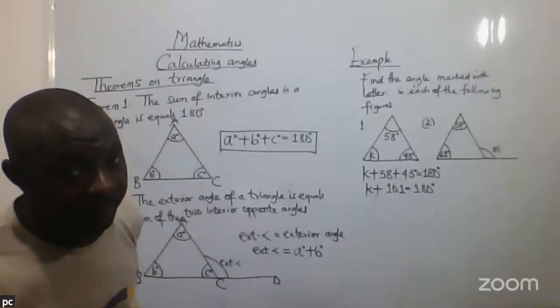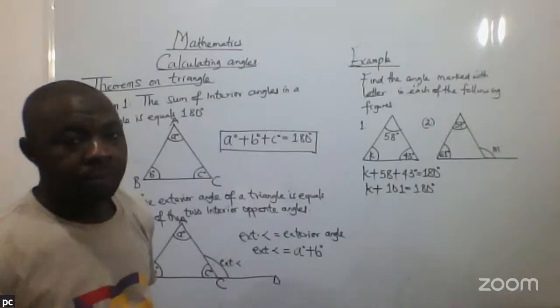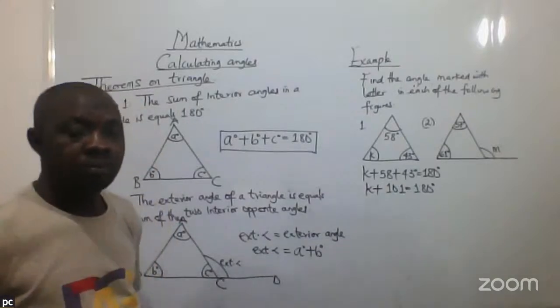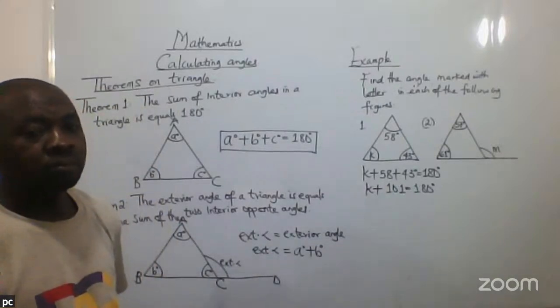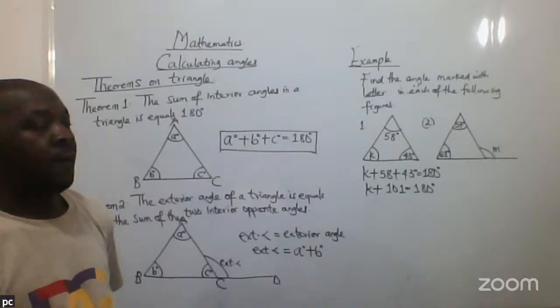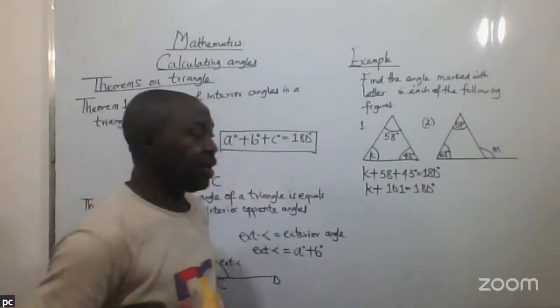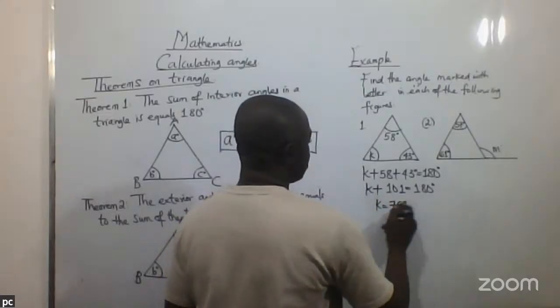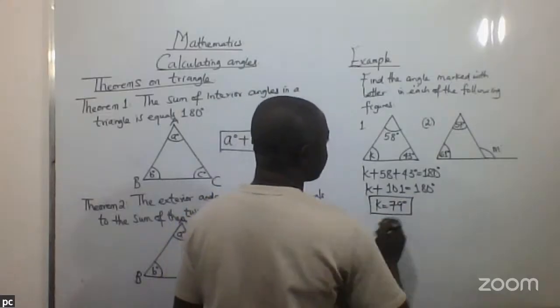Yeah, 79. So the value of k is 79 degrees.